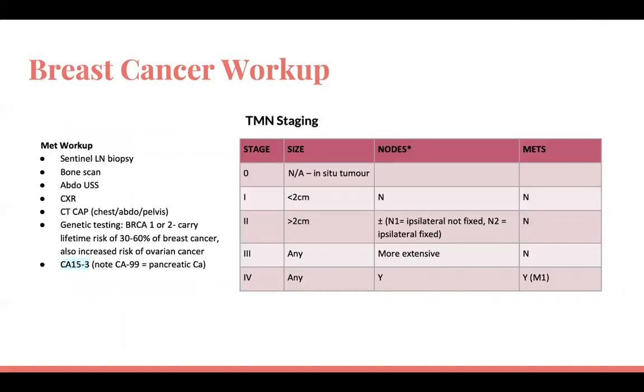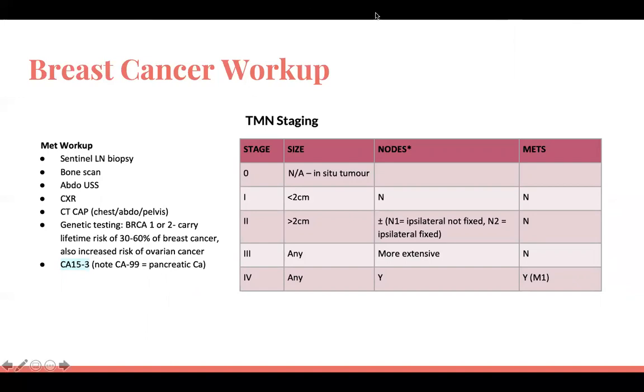In terms of the workup, you've got your triple testing, and then you also do a metastatic workup if you're worried about it being malignant and spreading. Typically breast cancer metastasizes to the bone, so a bone scan is really important. I've also listed the staging here.